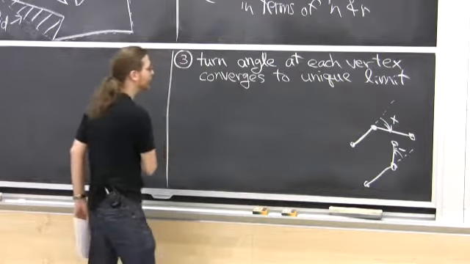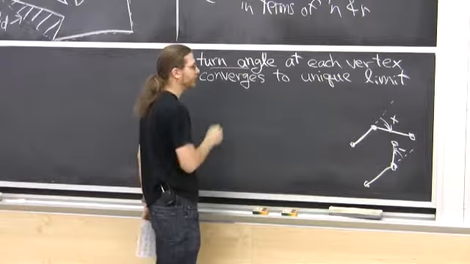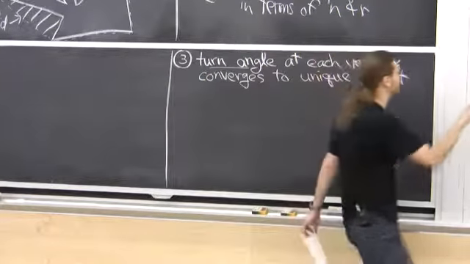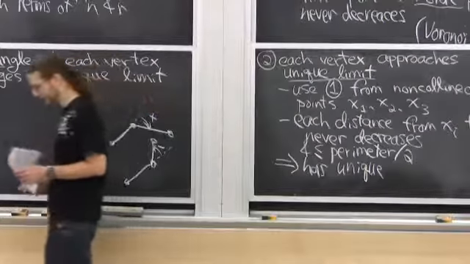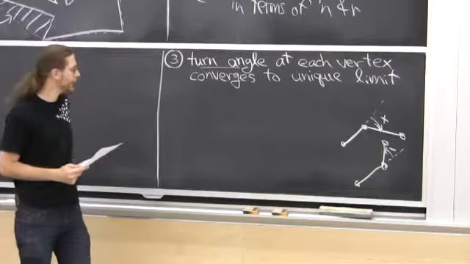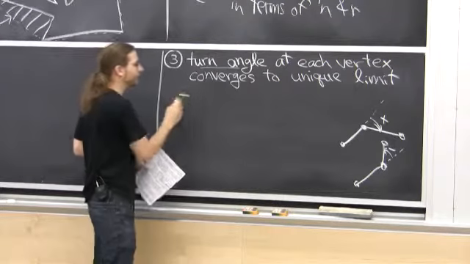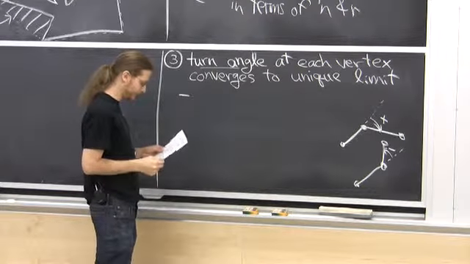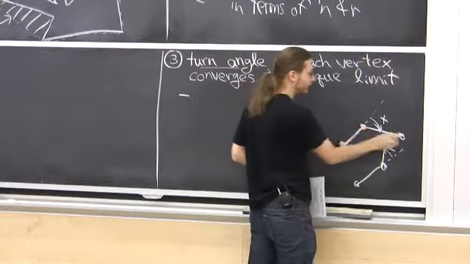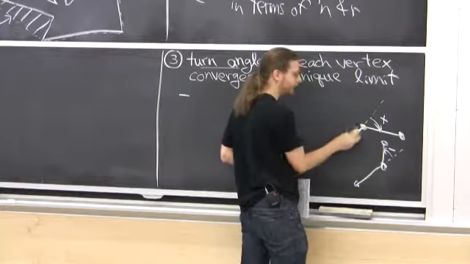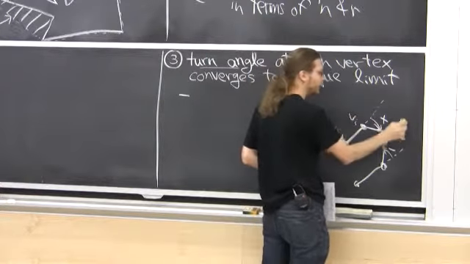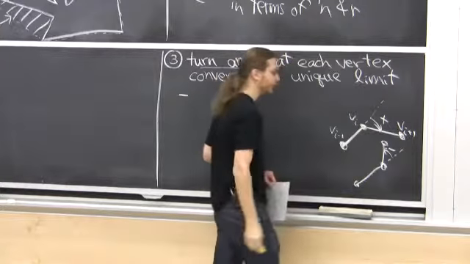Okay, when you do that, I claim the turn angle at every vertex, again, has a unique limit. I switch from approaches to converges, same thing. All right, I'm going to skip some of the details here, but this basically follows from what we have. So we're thinking about what is the turn angle at this vertex, but really it depends on 3 vertices. Call them vi minus 1, vi, vi plus 1.